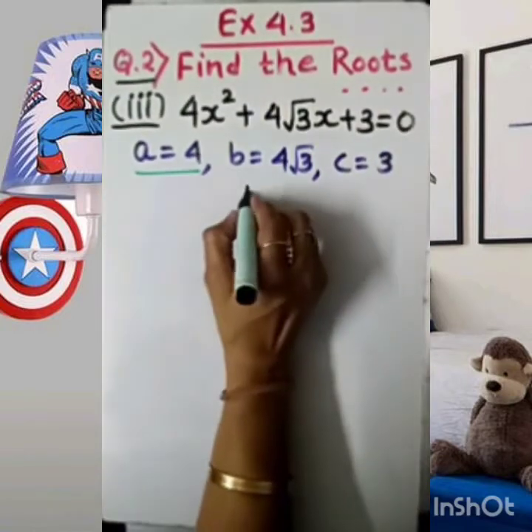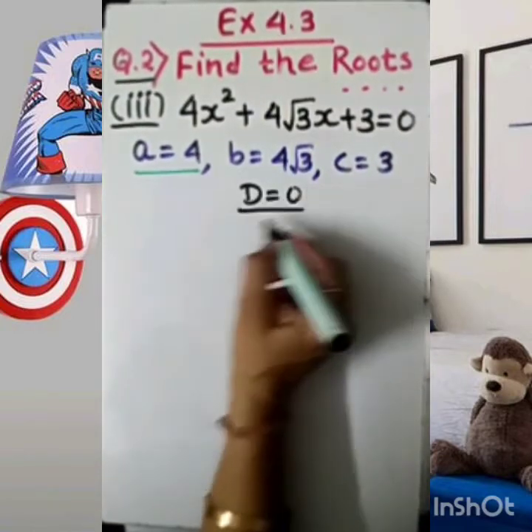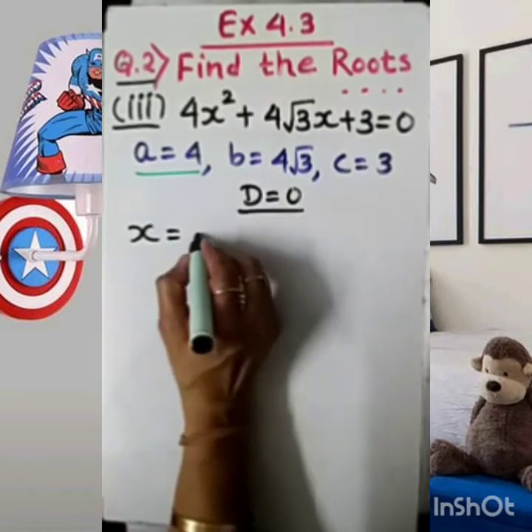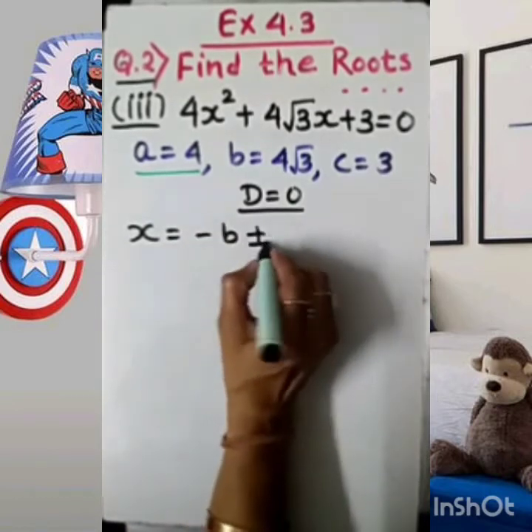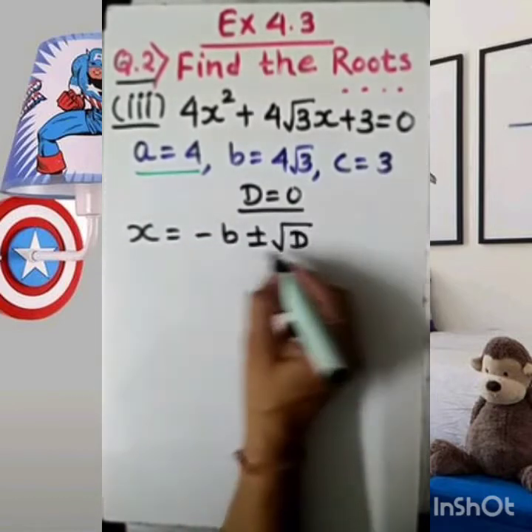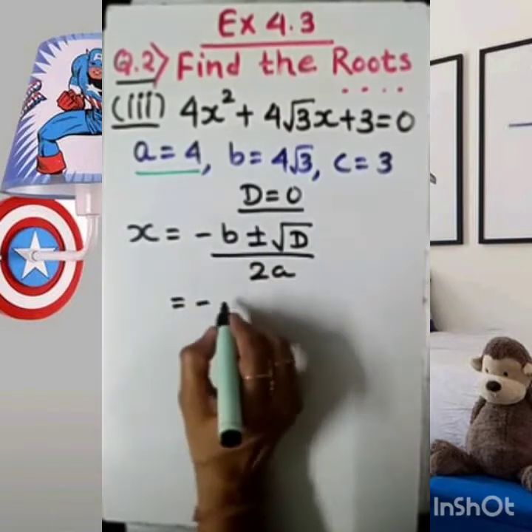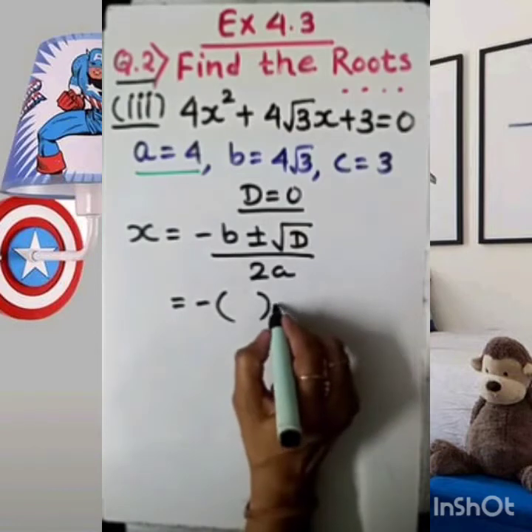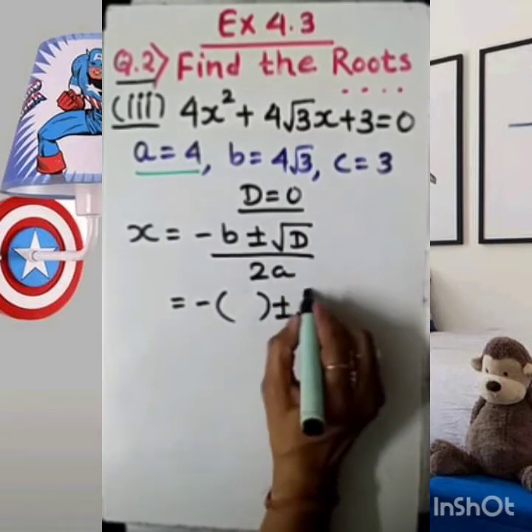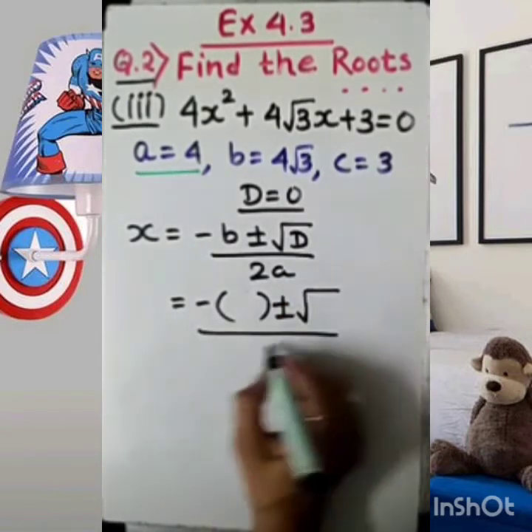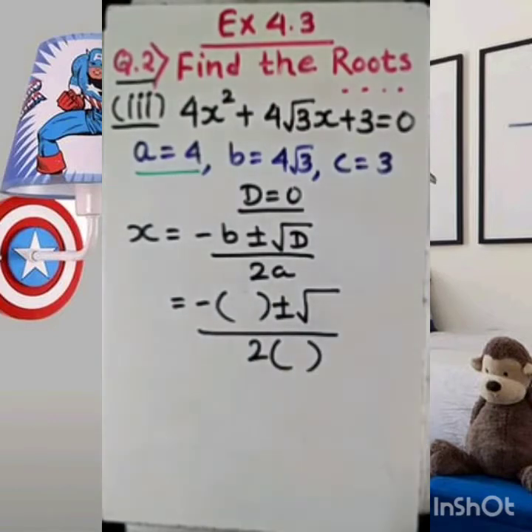The value of D equal to 0 we got. The quadratic formula says x equal to minus b plus or minus under root of D upon 2a. Now dear student, the value of b I am mentioning here, plus or minus under root of D, and this 2 and this a. So let's substitute the values.